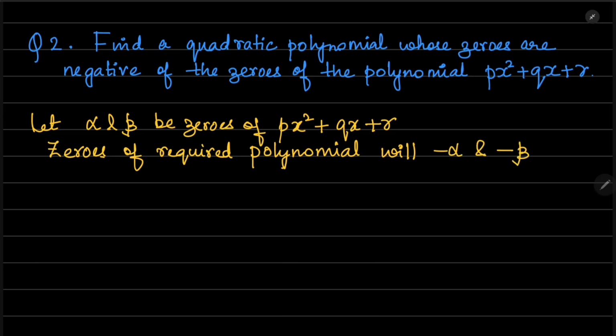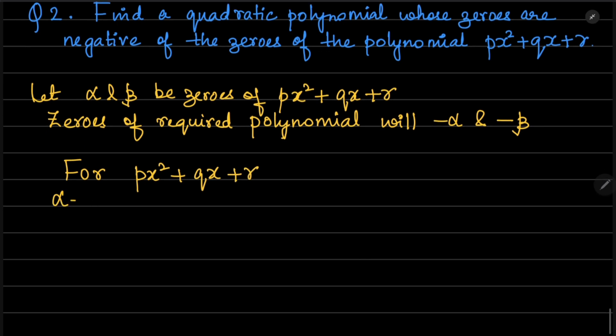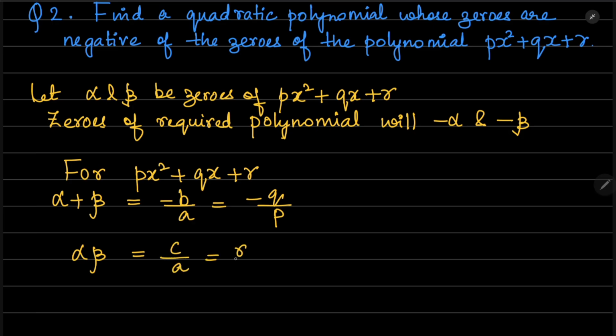Right? So now for the given polynomial, that is px square plus qx plus r, calculate the sum of the zeros. Alpha plus beta is equal to minus b by a, which is minus q by p. The product of the zeros, the formula is c by a, which is nothing but r by p.